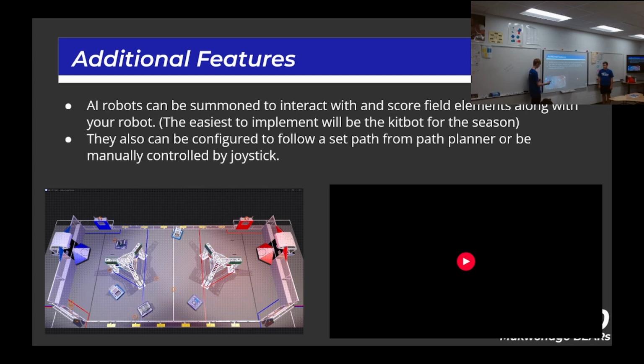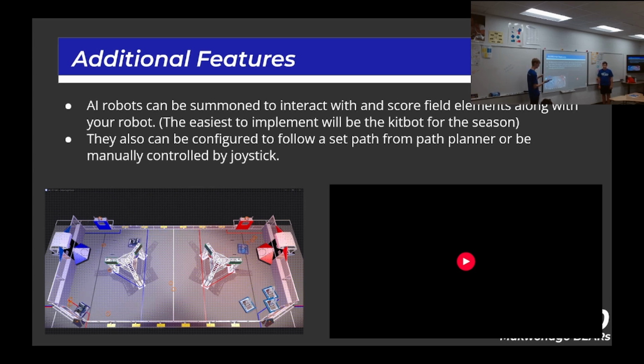Additionally, besides having this default code, they can also be configured to follow a PathPlanner path. PathPlanner, for those of you who don't know, is a tool that we use and many other teams use that lets you draw auto paths and implement commands through that as well.